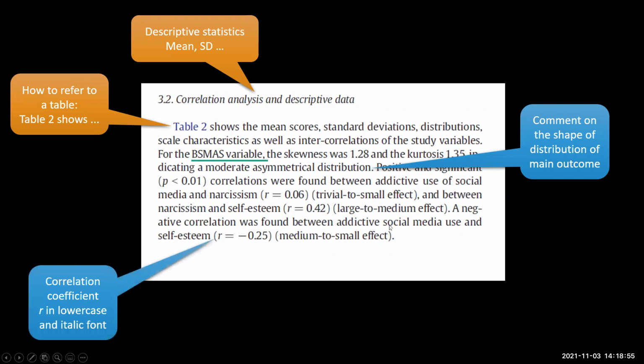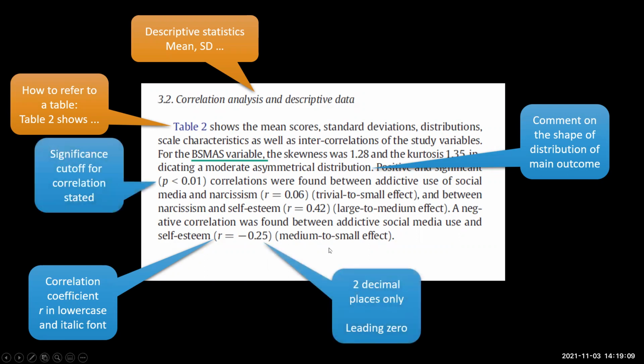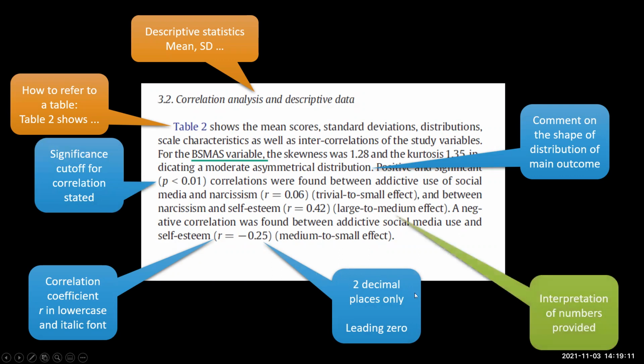They provide a correlation coefficient, which you could say is a descriptive statistic, but it is really a bivariate statistic. And it is nice to see that they have also provided some interpretation of the statistic itself. So generally, some statisticians don't like to have significance level for correlation coefficients because you have to interpret them subjectively.